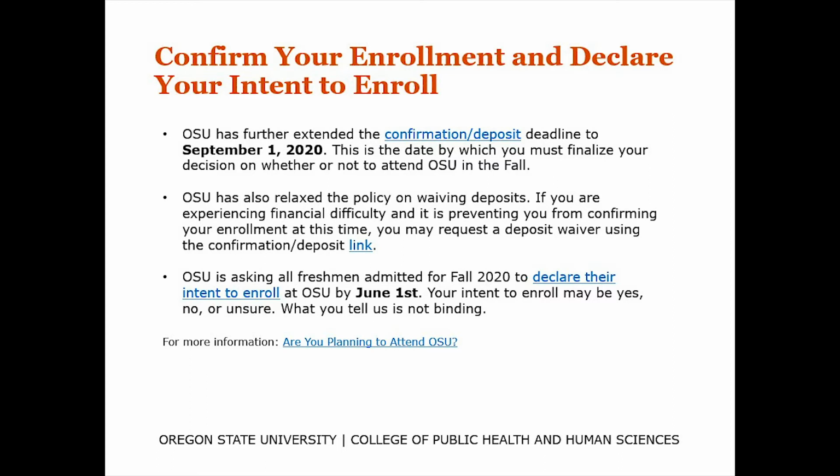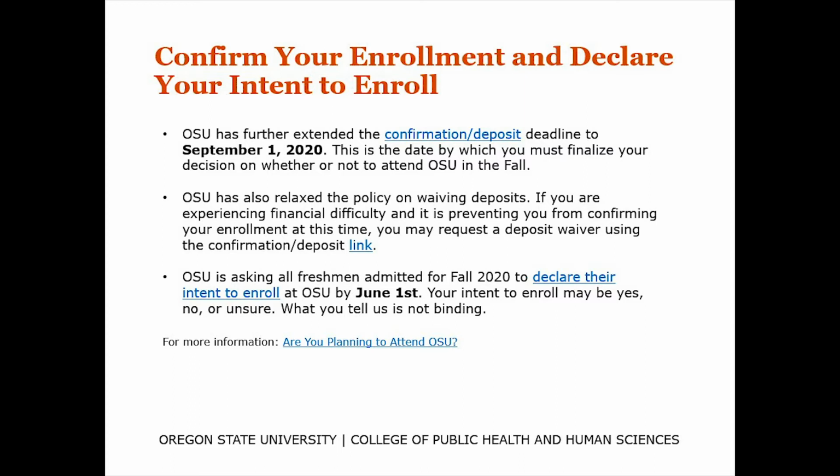OSU is asking that all first-year freshmen who are admitted for fall declare their intent to enroll at OSU by June 1st. The difference between the June 1st and the September 1st deadline is that by June 1st, you need to say, yes, I am intending to enroll, here is my deposit.